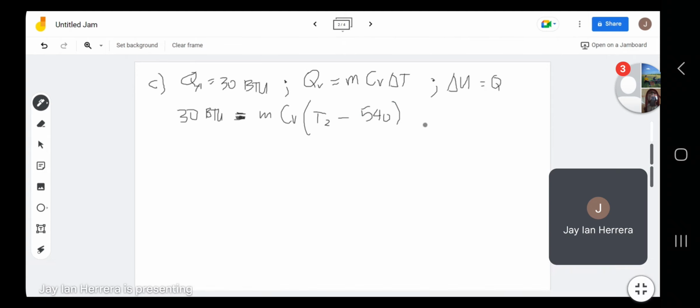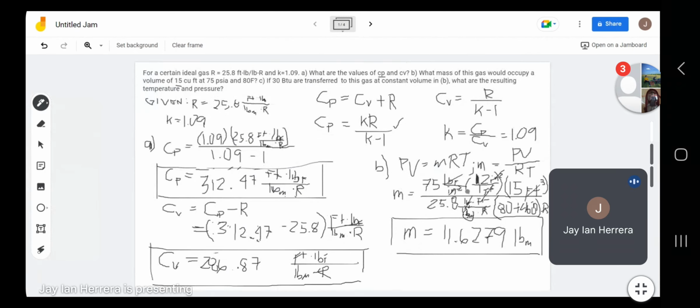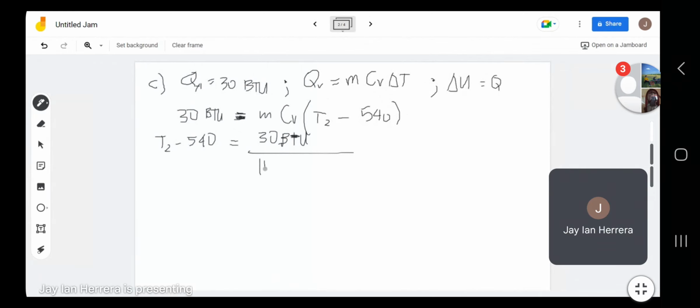So pwede nating transpose this to baba. We can say that T2 minus 540 is equivalent to 30 BTU all over our mass. Yan yung letter B natin. So 11.627679 pound mass.